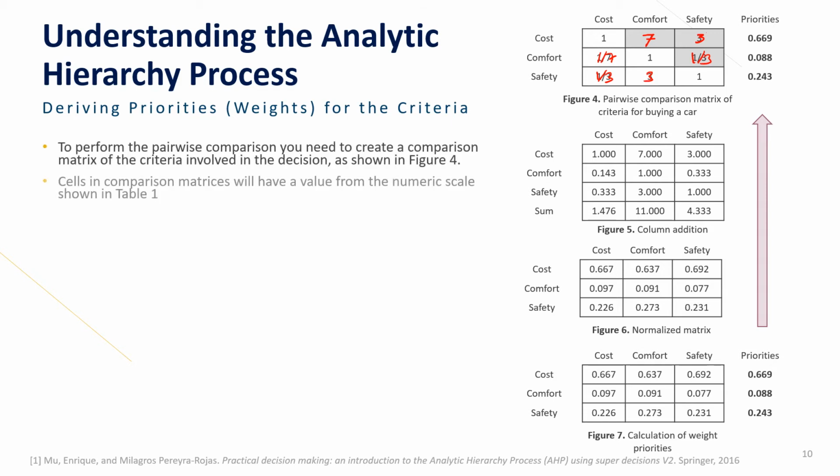That will be the first step in deriving the priority weight for each criterion. And this step is normally called pairwise comparison on the criteria. The numbers 1, 3, 7, 9 are based on the numerical scale that we mentioned earlier in table 1. Okay, so after that, what should we do next?